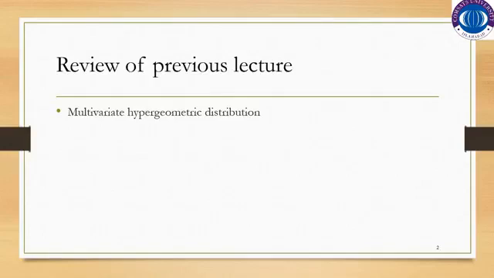Hypergeometric distribution possesses four properties, in which the first property was each outcome of the experiment is classified as two possibilities, success and failure. Experiment is repeated a fixed number of times, and each successive trial is dependent and probability of success changes from trial to trial.